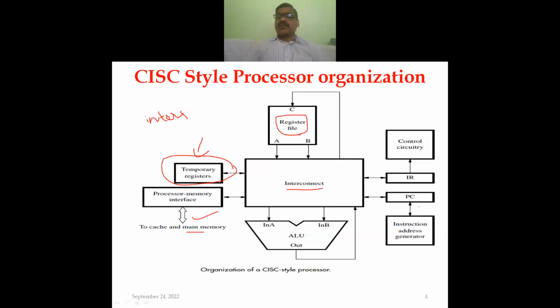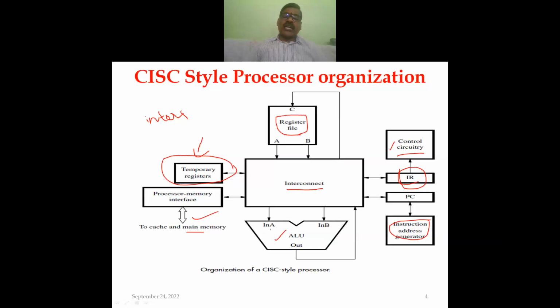Then we have the IR register and the PC register. The instruction address generator is another important component, used for generating the address of the next instruction to be executed, which is loaded into the PC. Then there is the control circuitry, which is used by the IR once the instruction is loaded into it, to generate the control signals based on whether read or write operations are being done on the memory. Then we have the ALU.